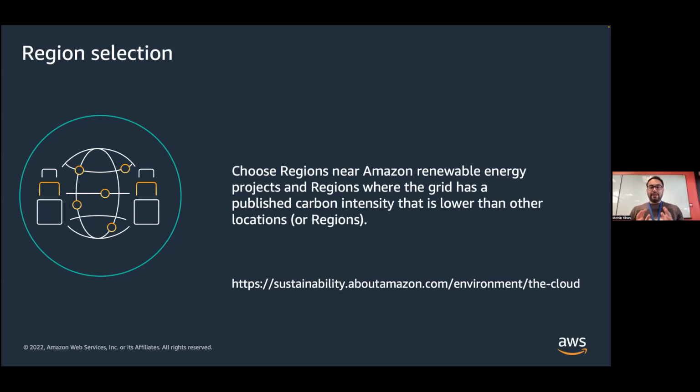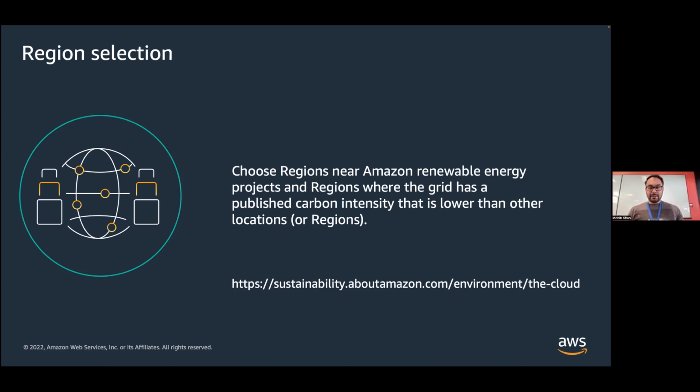And Amazon globally is on a path to power all of its operations with renewable energy sources by 2025. So we just have 3 years to fulfill that promise, to power all of our operations, whether it's cloud or retail, with renewable energy.